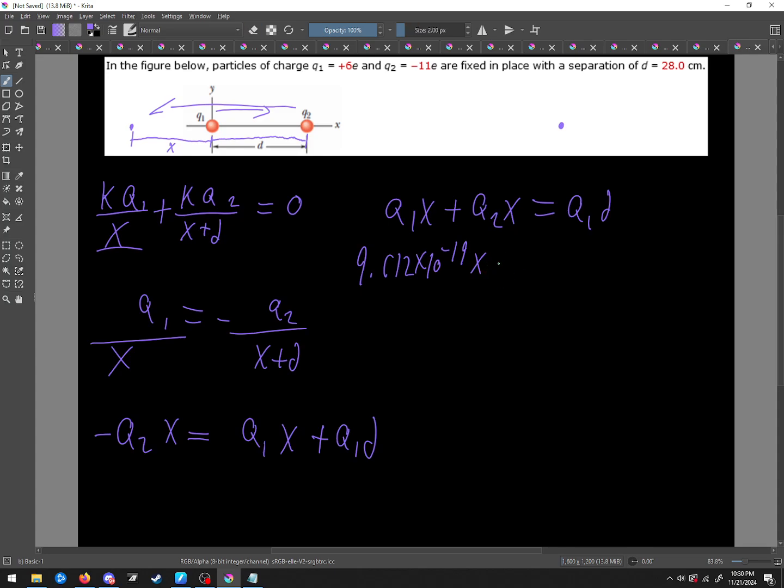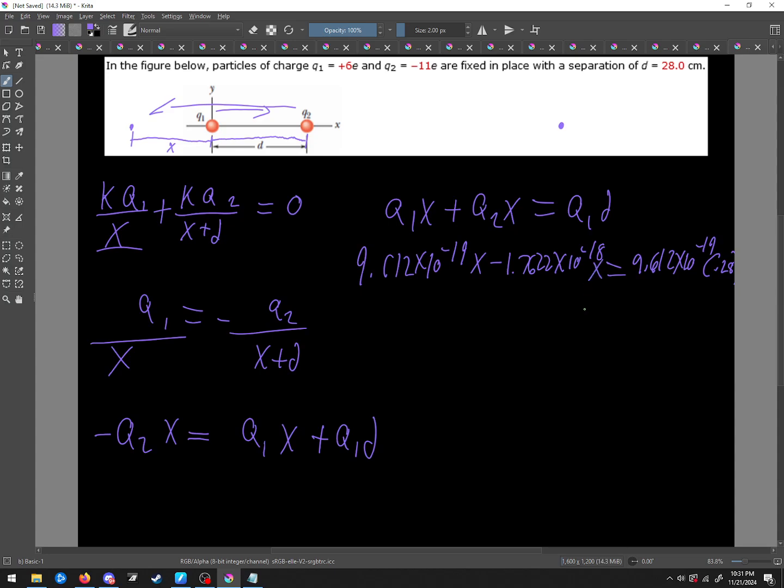Because it's negative. 1.7622 times 10 to the negative 18 x equals 9.612 times 10 to the negative 19 times d, which is times 0.28 meters.